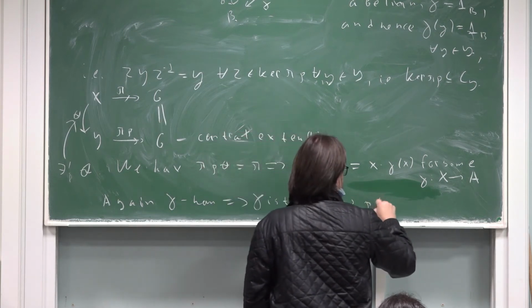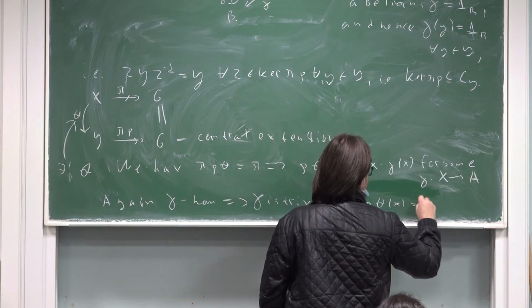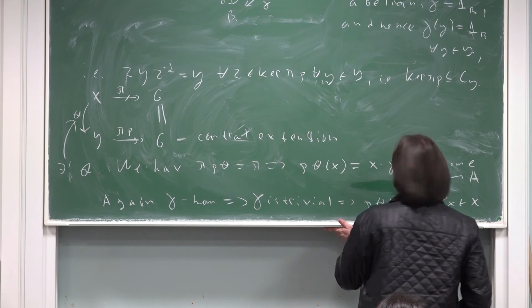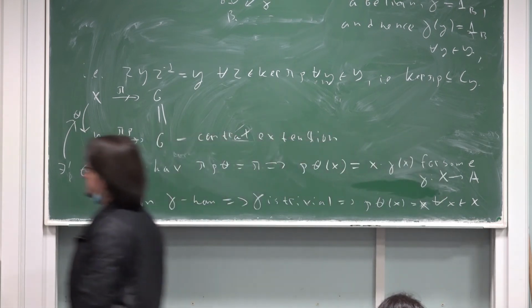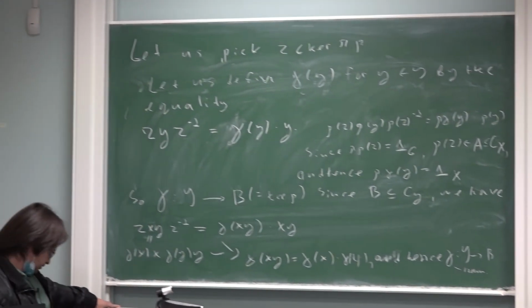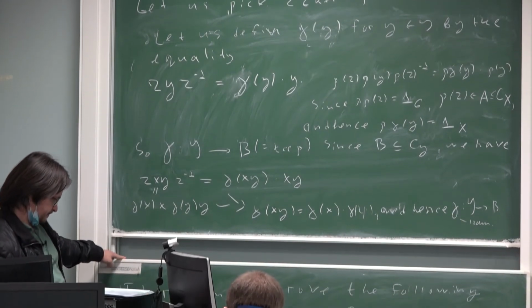Hence, ρθ of x is equal to x for any x from X. And this exactly means that the central extension ρ splits.